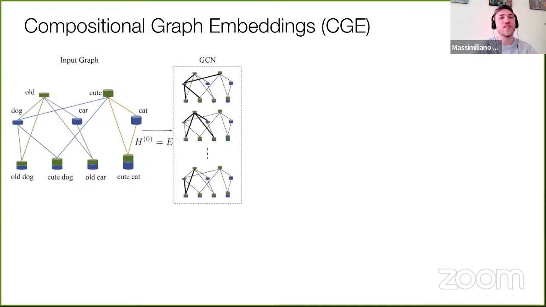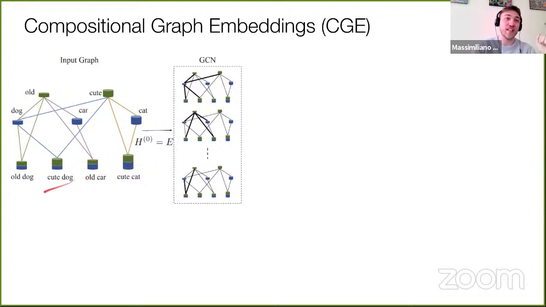So we have an input graph, and a graph convolutional network processing the features of each of the nodes in the graph, where the nodes are both the primitives and the compositions. In the first layer of the GCN, the compositions are influenced only by their own states, through a self-connection that connects the composition embedding to itself.